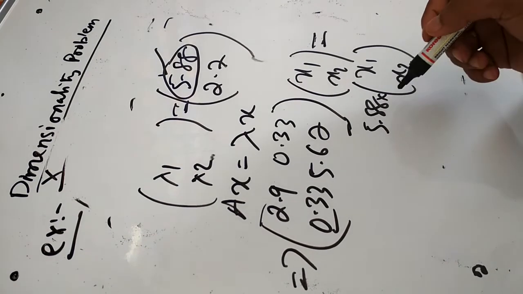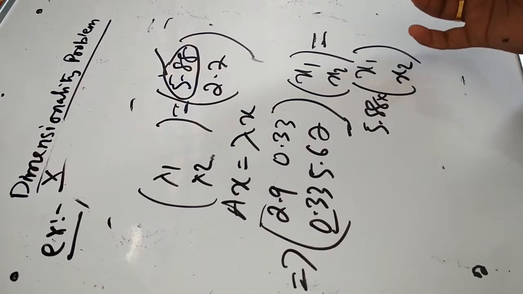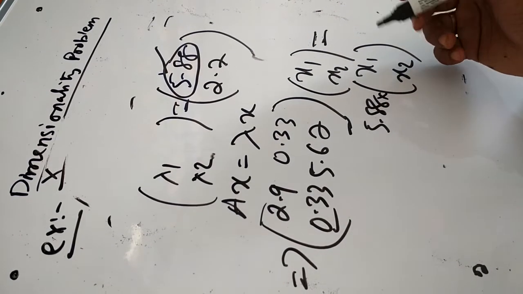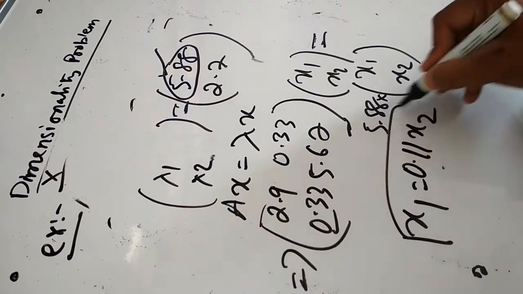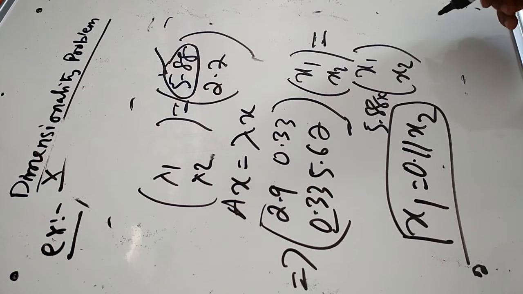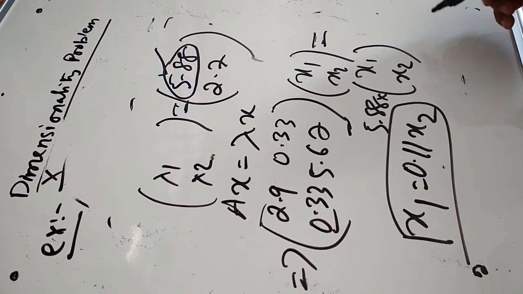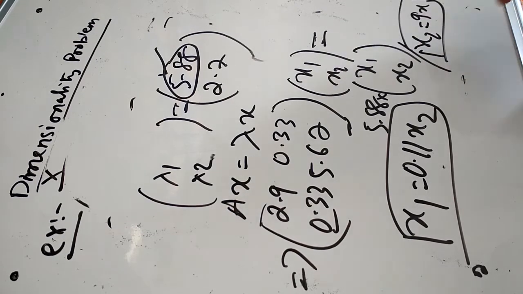By solving this, we will get some result like an x1, x2 combination. That combination may be like x1 is equal to 0.11 x2, or x2 is equal to 9 x1, you can get this also.